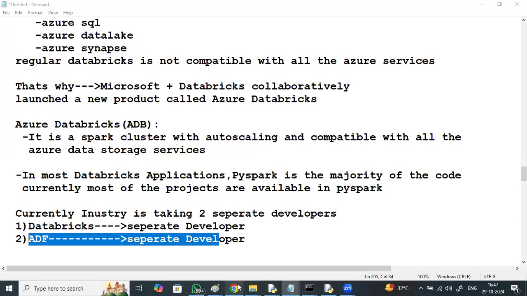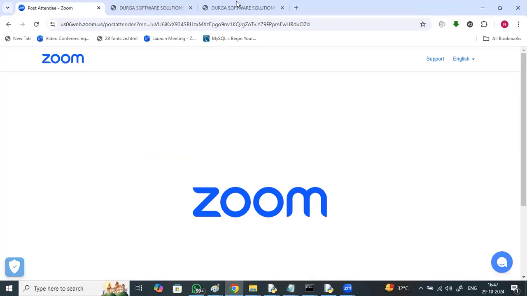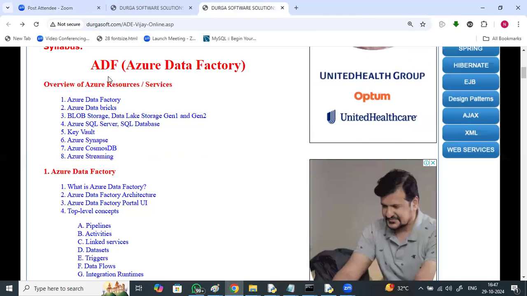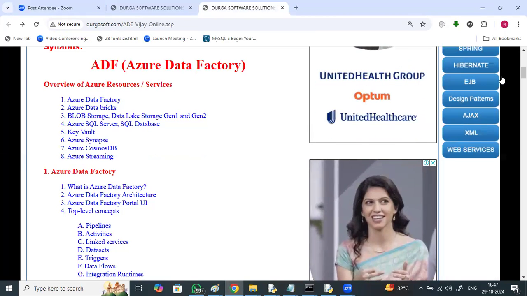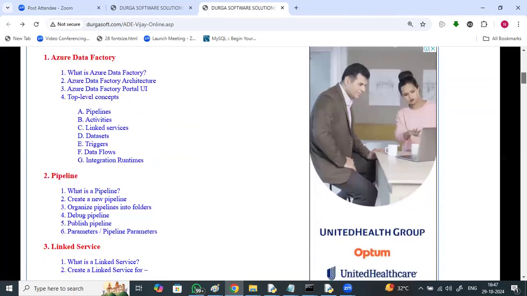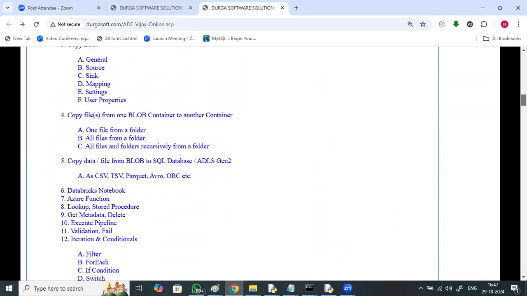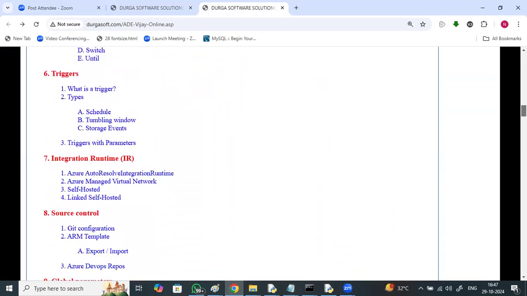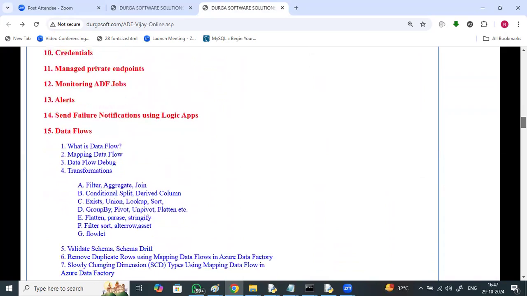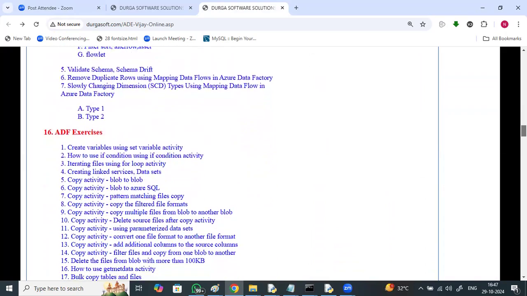As part of this course, this is the course content I'm going to discuss. Azure Data Factory: linked service, dataset, activities, triggers, integration runtime, source control, and nearly 50 ADF exercises.